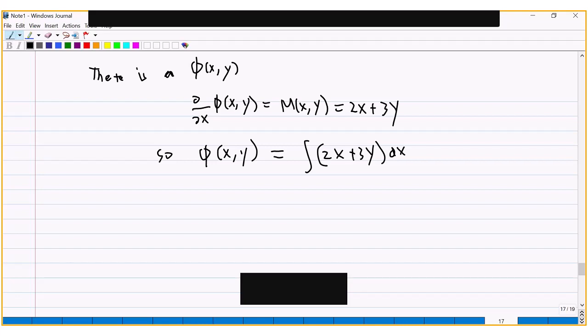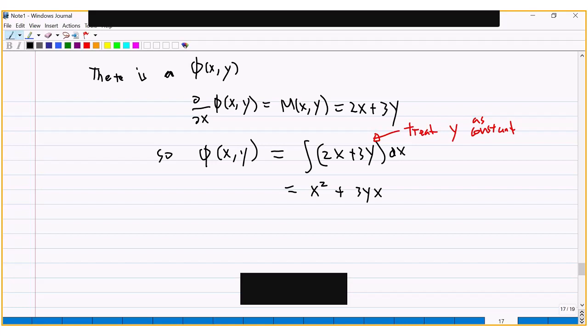Now, when you do partial differentiation, your y is a constant, right? So same thing. When you do integration, your y is constant now. So when you integrate 2x, you get x squared. Integrate 3y, where y is a constant, with respect to x: constant times the integral with respect to x, you get 3yx.